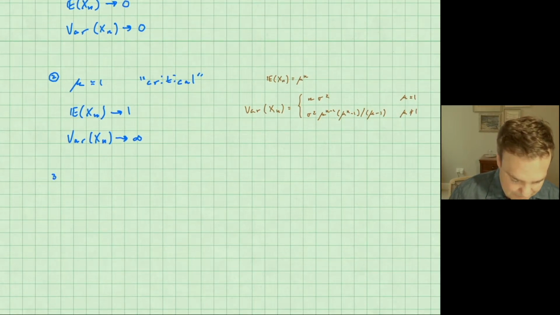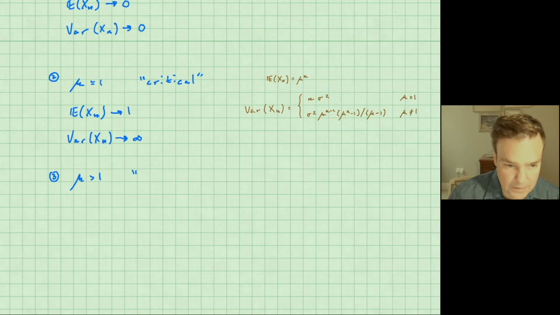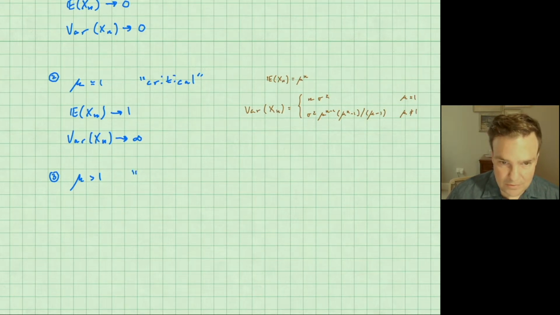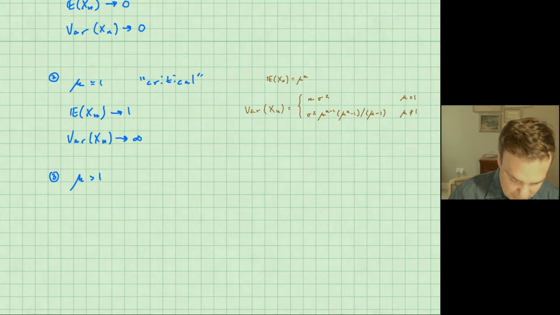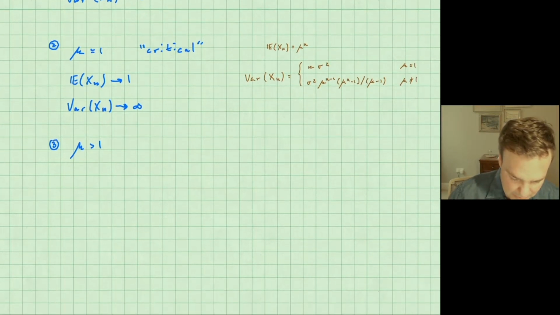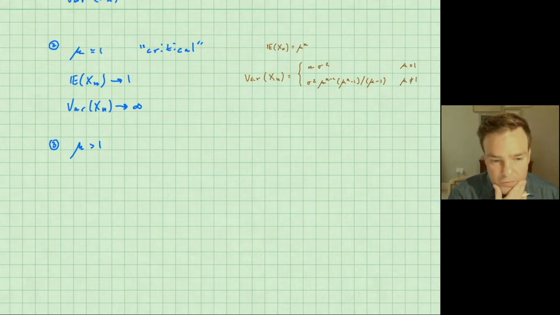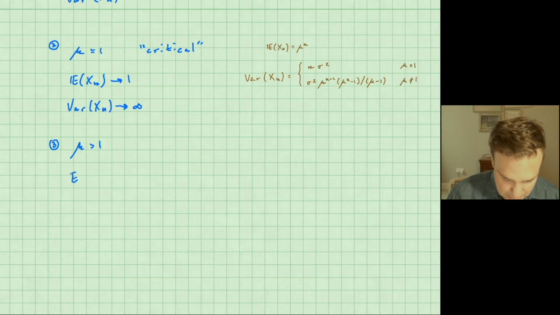And then the third case we want to look at is mu just bigger than 1. And this guy, what is his name? I don't think we have a name for this guy. Critical and subcritical are all we're going to give names for. So for this guy, if you look at these quantities, the expected value is going to blow up.